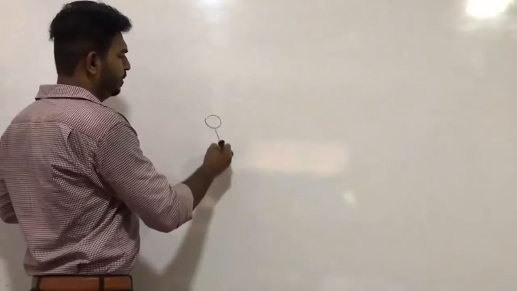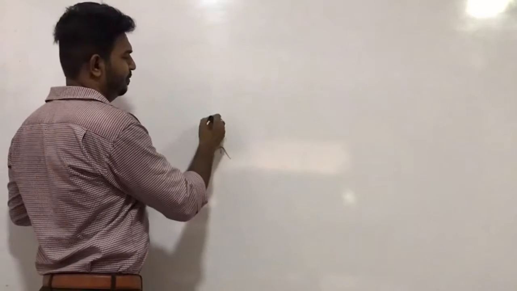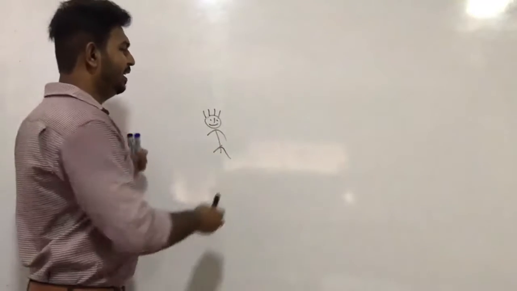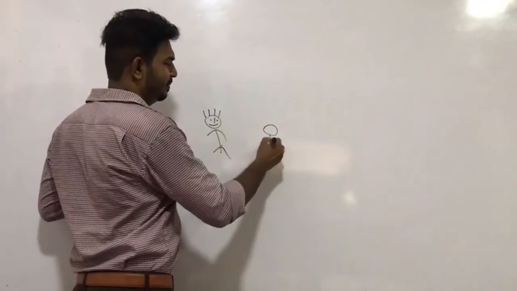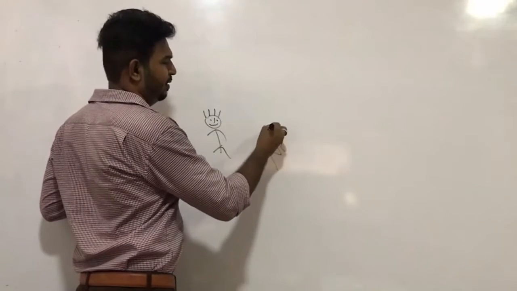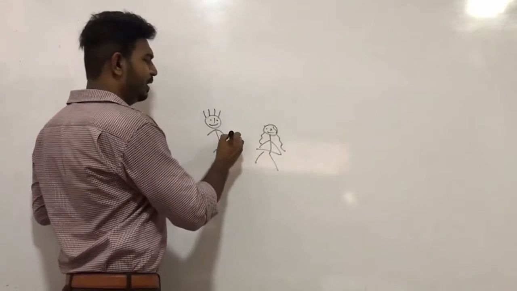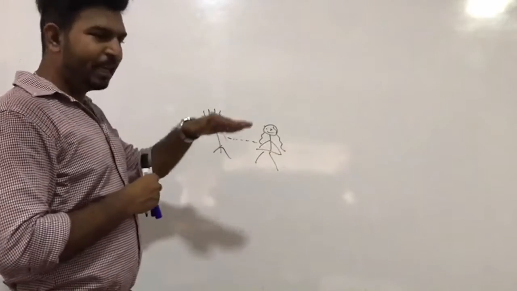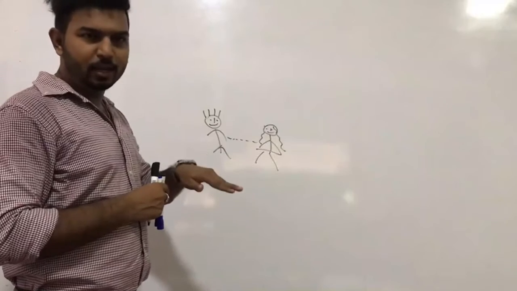Let's assume there's a boy like me, and there's a girl. These two try to get bonded to be stable, so they can reduce their energy.